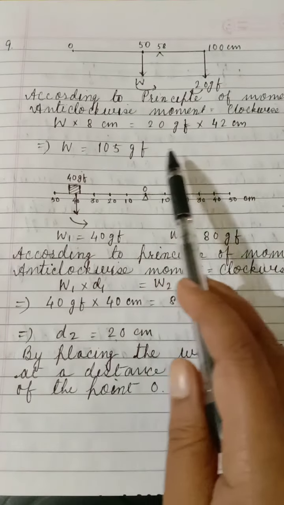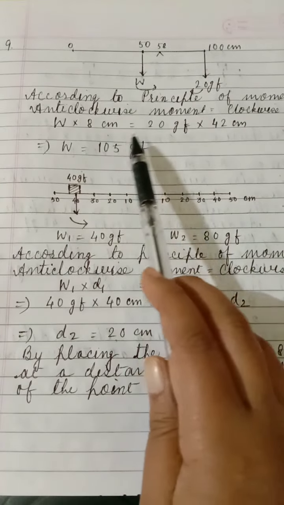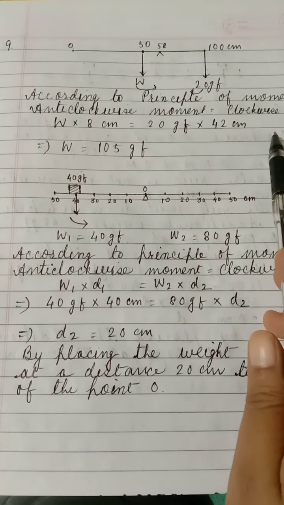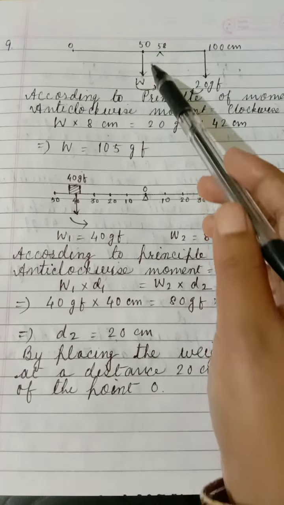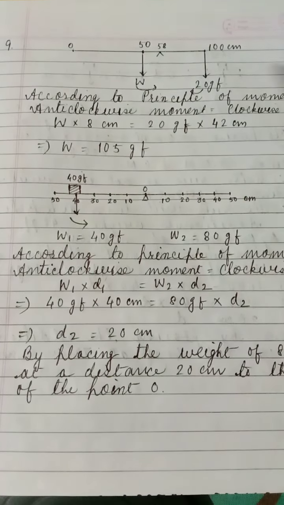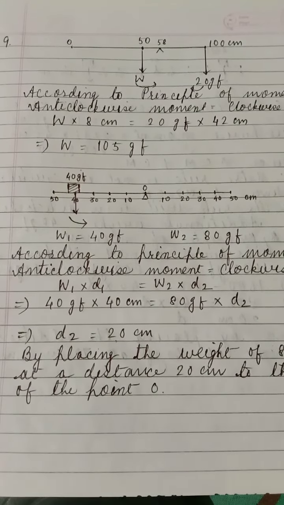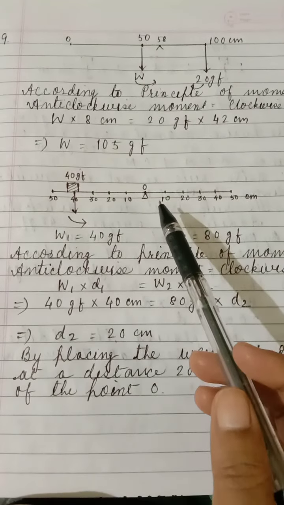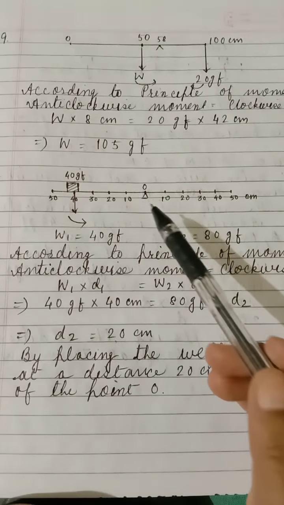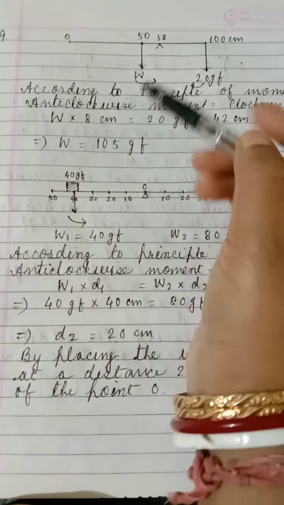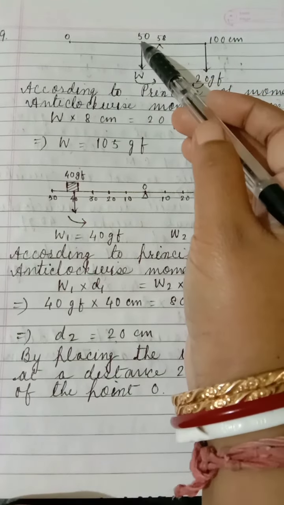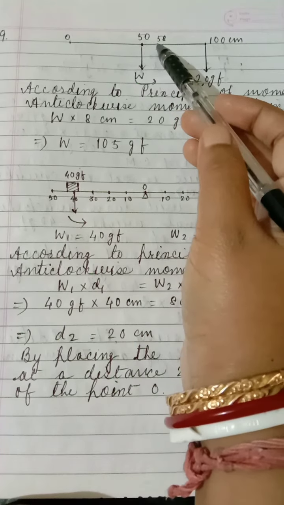Now according to the principle of moments, anti-clockwise moment equals clockwise moment, because we have to find the weight of the rule. If the weight of the rule is W, the anti-clockwise moment is force into perpendicular distance. So it's W, and the perpendicular distance is from 58 to 50, which is 8 centimeter.